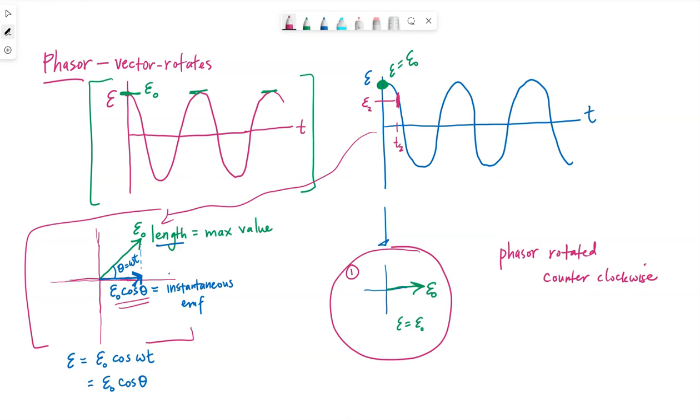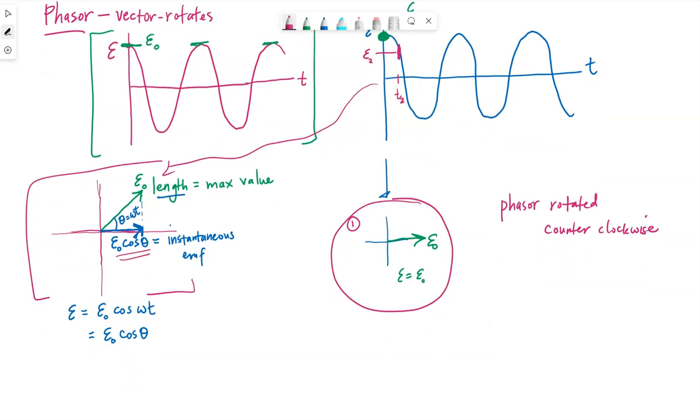So when I mentioned initially that a phasor is a vector that rotates, we're essentially saying that this EMF, this vector, is rotating counterclockwise at a rate of omega.